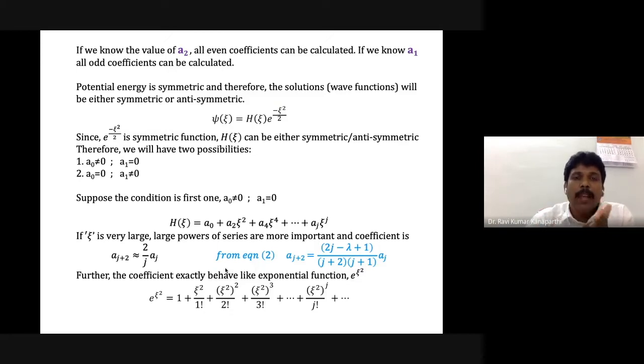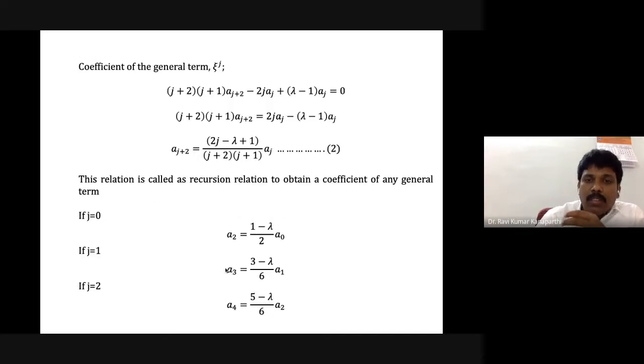Further, I also claim that if I know a_0, for example, then all the even terms can be evaluated.